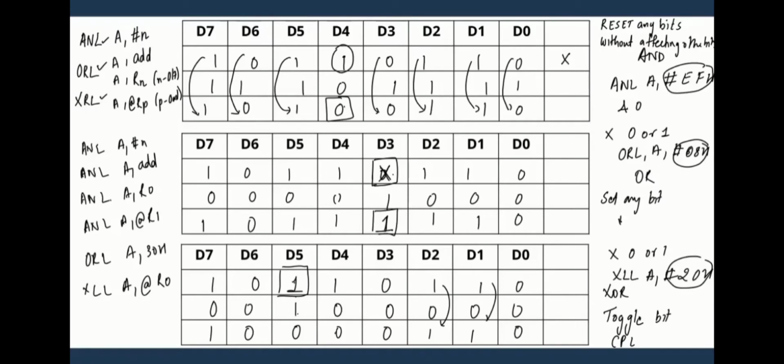The second number in the logical operation is called a mask, used to change the first number into a particular required output. In the first case, we wanted to change the D4 bit to 0, so hash EF is used as a mask for resetting.